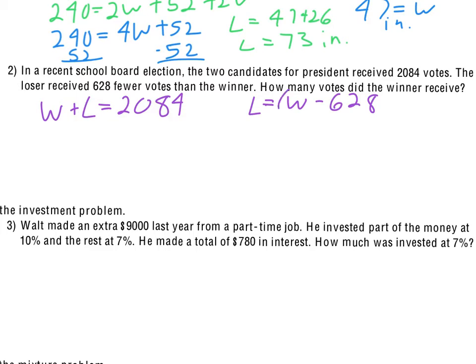So we can replace the loser with the winner minus 628, so winner plus the winner minus 628 equals the 2,084.